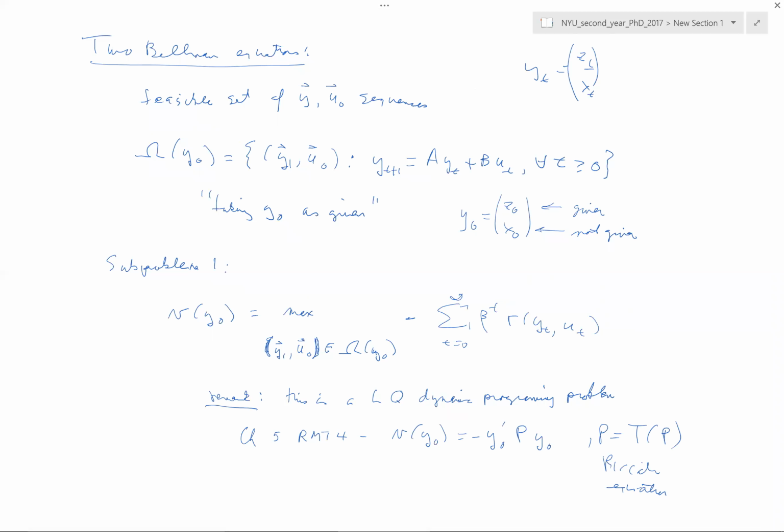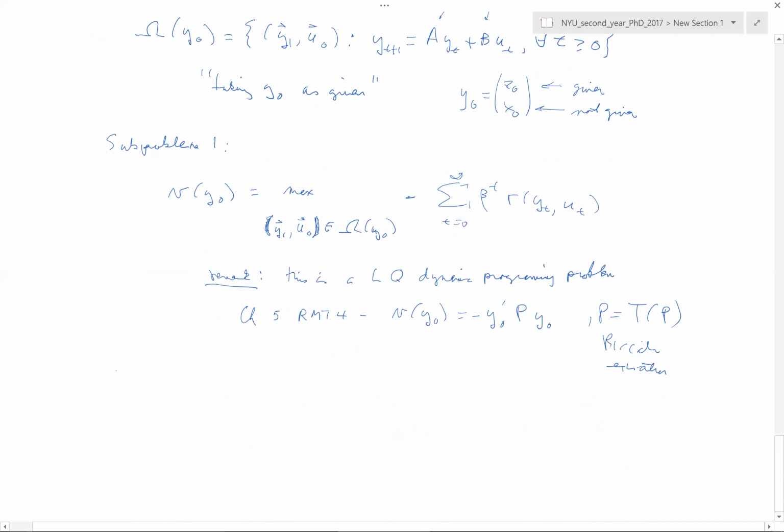So the whole trick is Y0 is not given, but we're going to pretend that it's given. If we pretend that it's given, then this problem maps exactly into what we had studied last time. It's an ordinary dynamic programming problem, despite the fact that one of the variables we're taking as given is being forced to satisfy a Bellman equation through this transition law that we've constructed for A and B by taking those inverses.